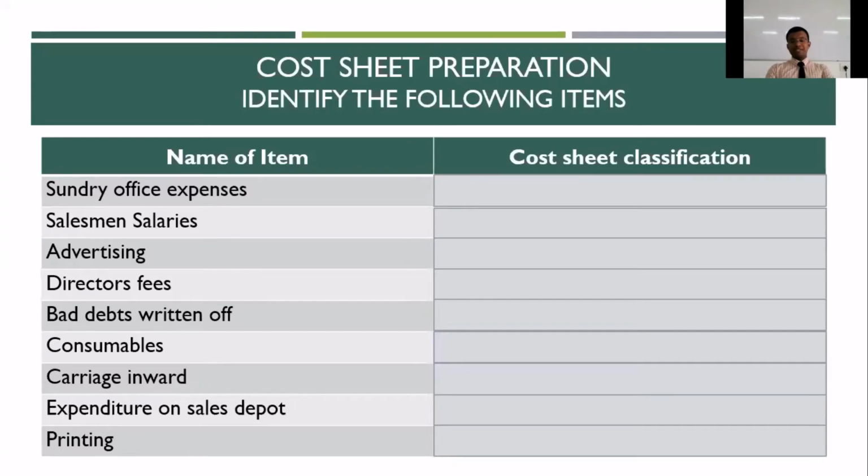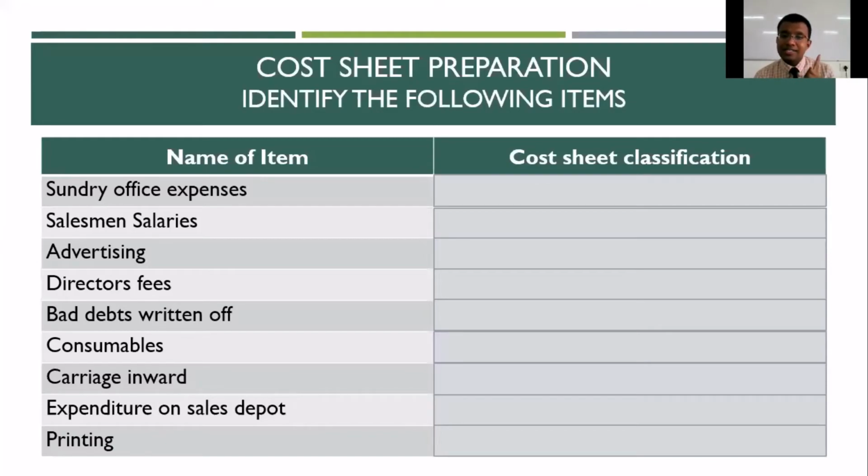Someone just put a message in the meanwhile: is carriage outward a direct expense? Carriage outward is not a direct expense, because what is a direct expense? It is part and parcel of your production process. But carriage outward is transportation of finished goods, so it comes after your production. So it is an indirect expense. Now the question is, which level?